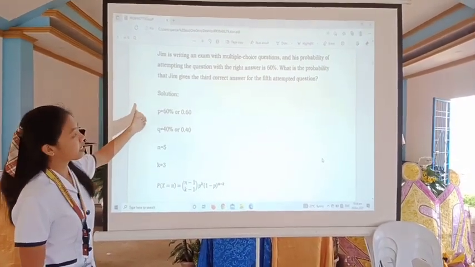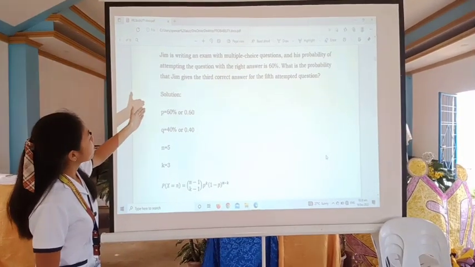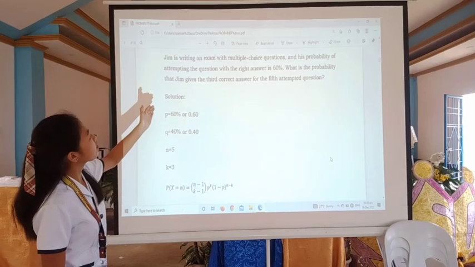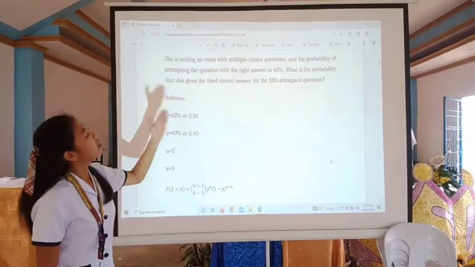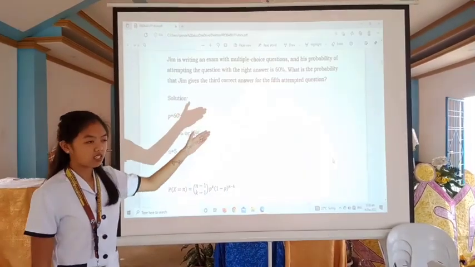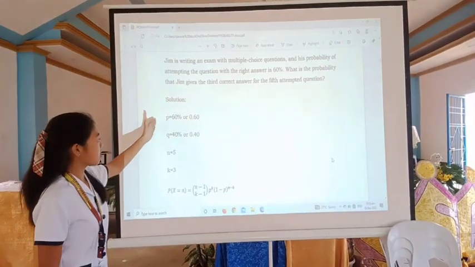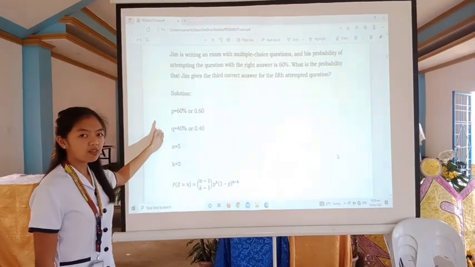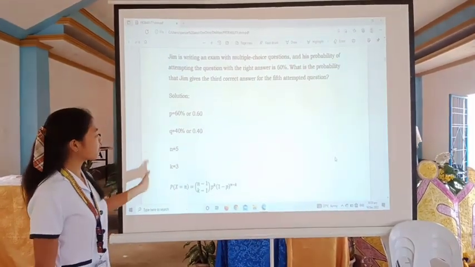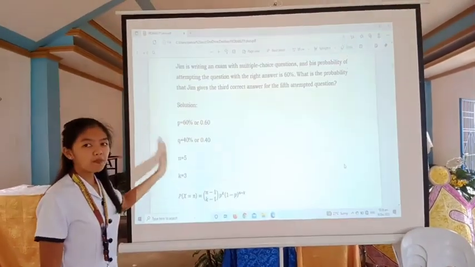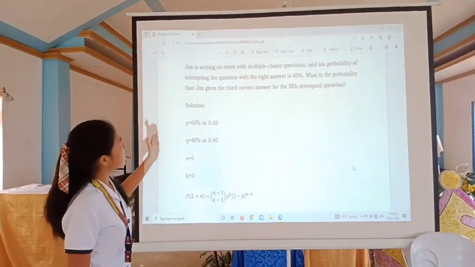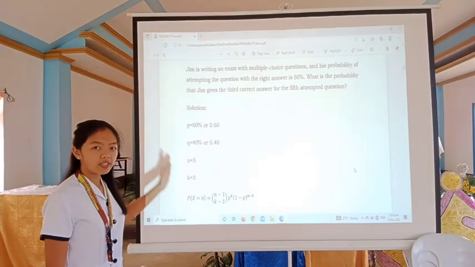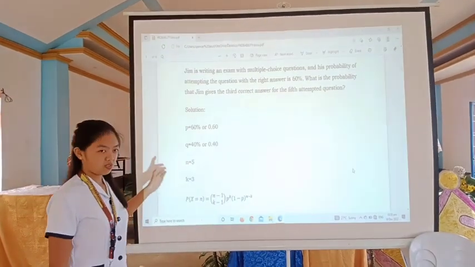First, we have P, the probability of success. The right answer is 60%, so automatically 60% is our P, and the probability of failure is automatically 40% or 0.40. Our N, or the number of trials, is equal to 5. And our K, or the number of successes, is equal to 3.